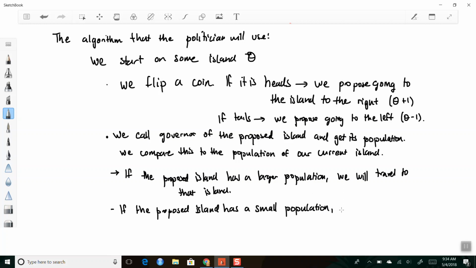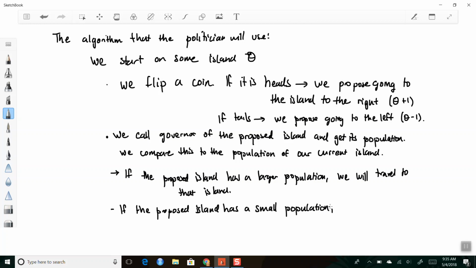Basically, we draw a random number from 0 to 1, and the probability that we will go to the smaller island will be the ratio between its population and our island's population.